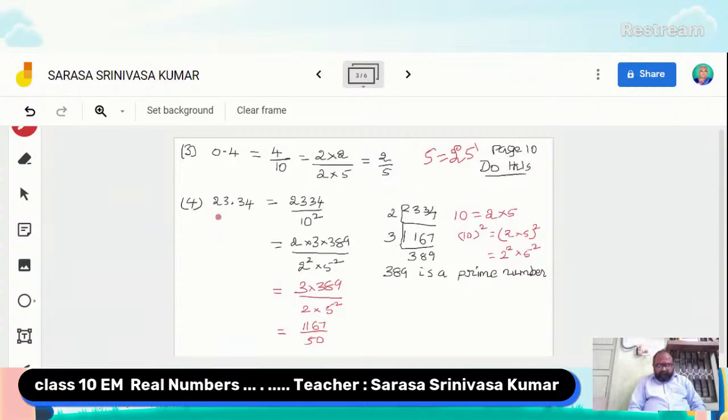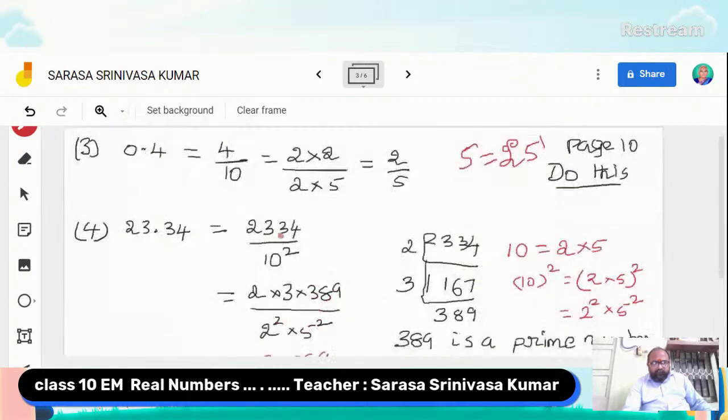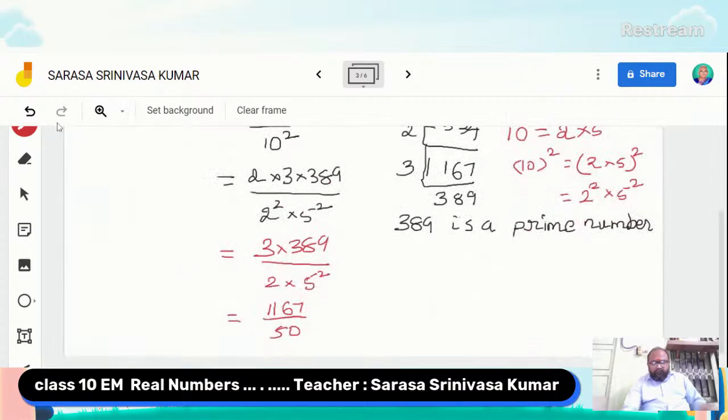And next in this fourth problem also, the denominator is 2 multiplied by 5 square. This is of the form 2 power n multiplied by 5 power m.